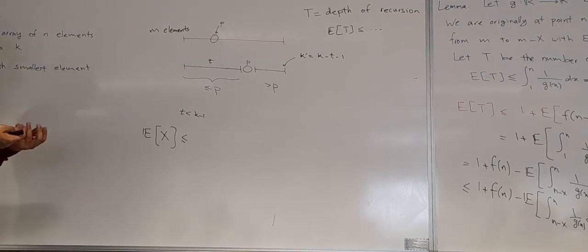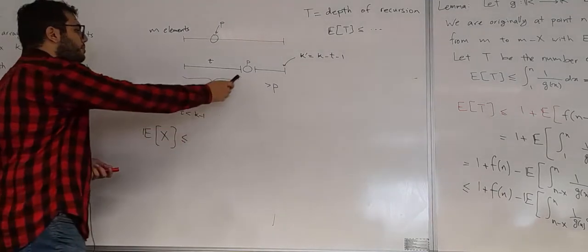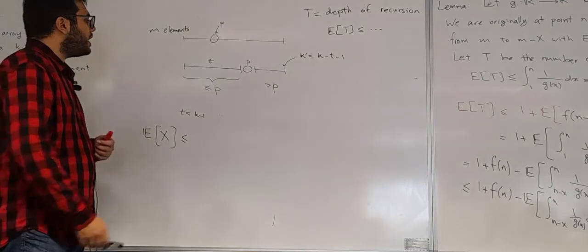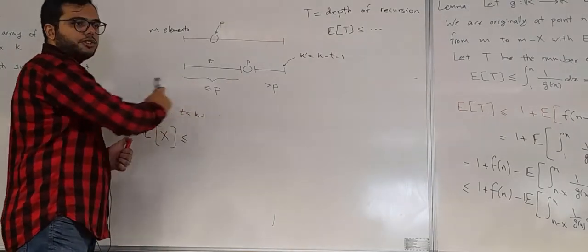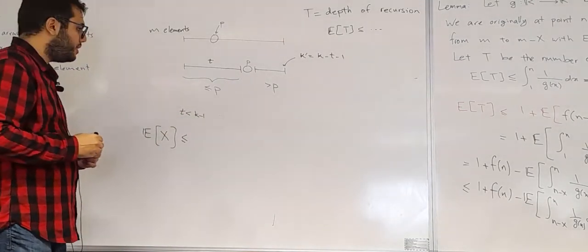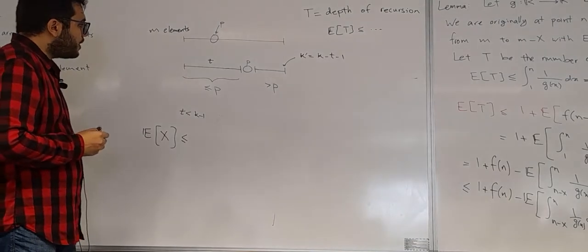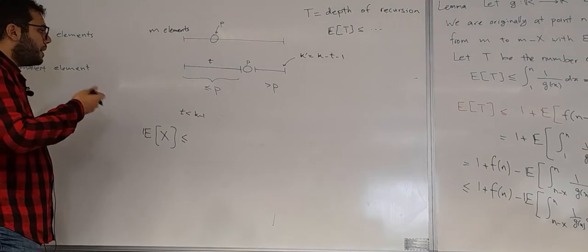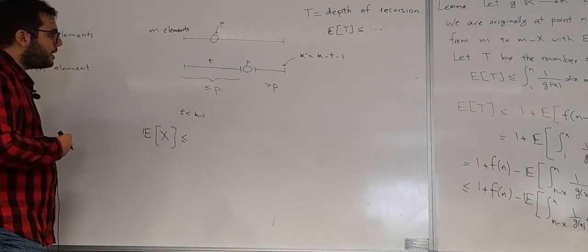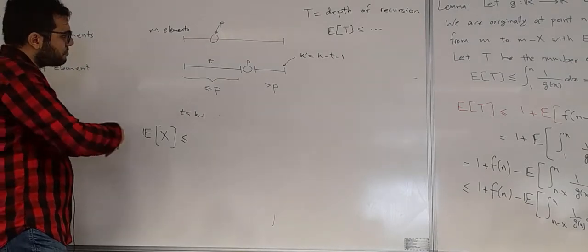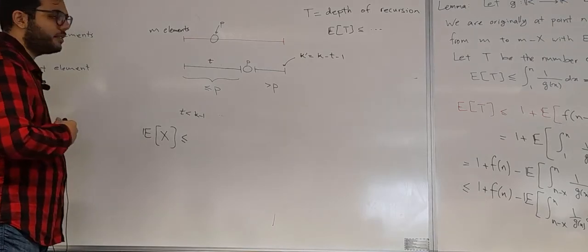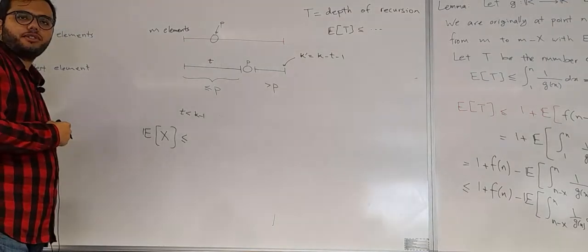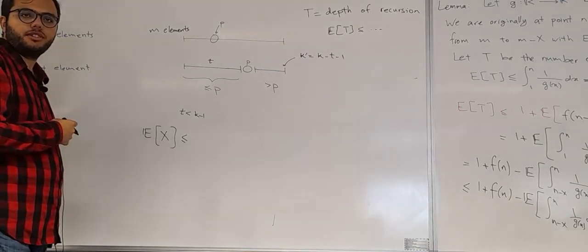So let's take k entirely out of our equation. We just assume that whenever we take a pivot, we are really unlucky and we have to search on the larger side. So what is the probability that the larger side is at most, let's say, 3/4 of the original side?